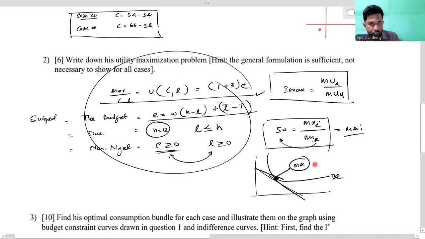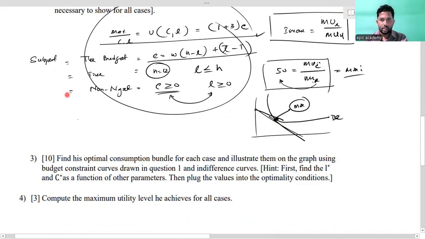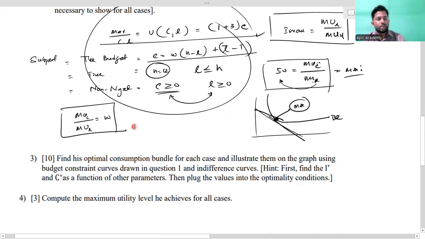By using the real wage rate, you have to equalize the marginal utility of consumption and the marginal utility of labor to the real wage rate. Real wage rate means W. That is the methodology you can use to calculate the maximum level of satisfaction for a certain commodity, right?